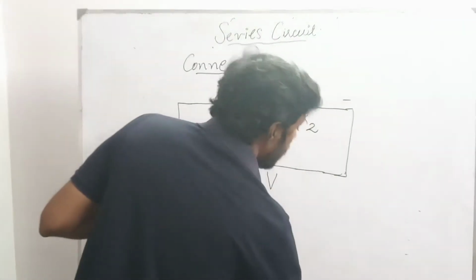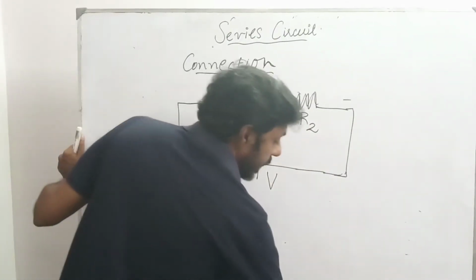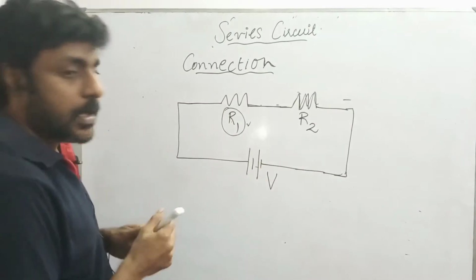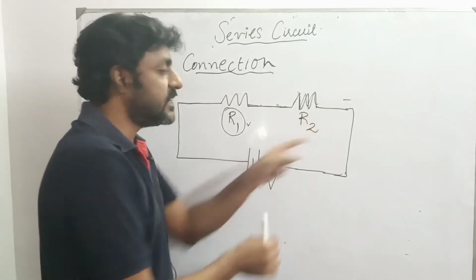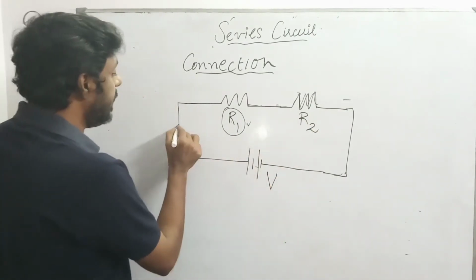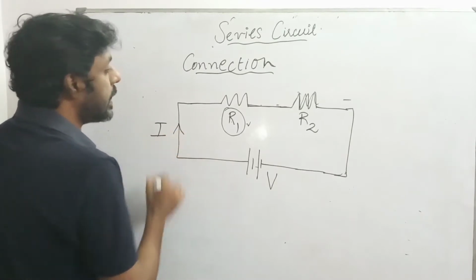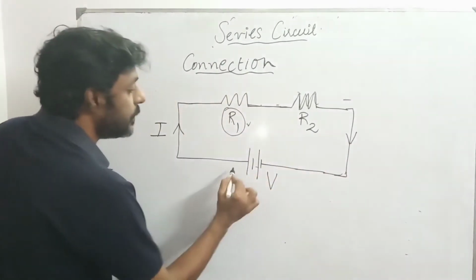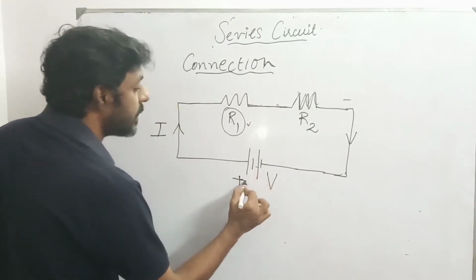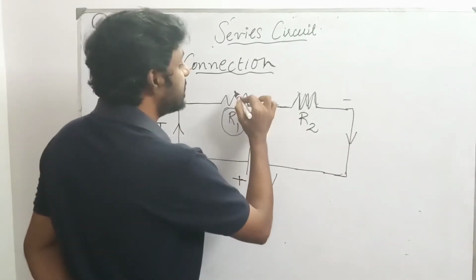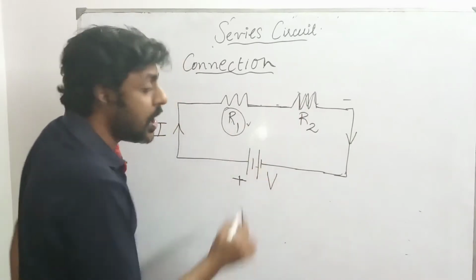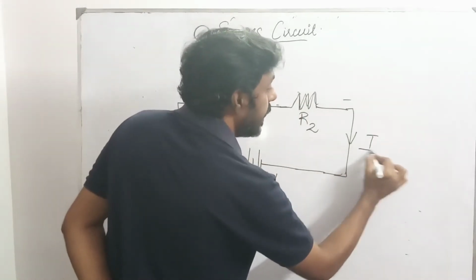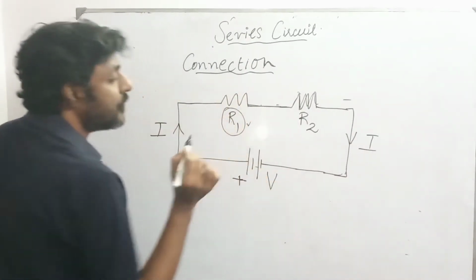I have two resistors over here, R1 and R2, and a voltage source V. Once I connect this battery in this circuit, a current I will flow from the positive terminal of the battery through the resistances R1 and R2, and it will get into the negative terminal of the battery.